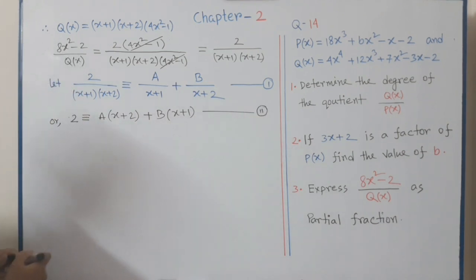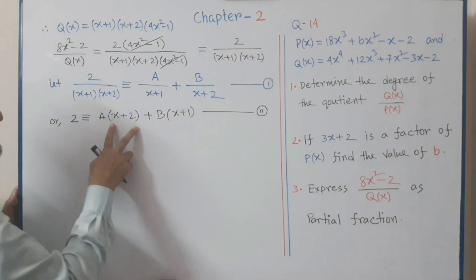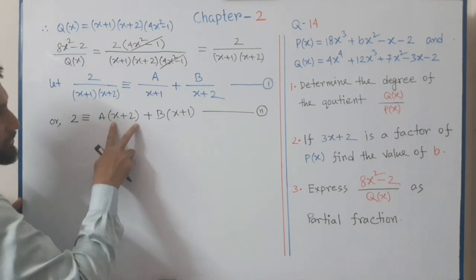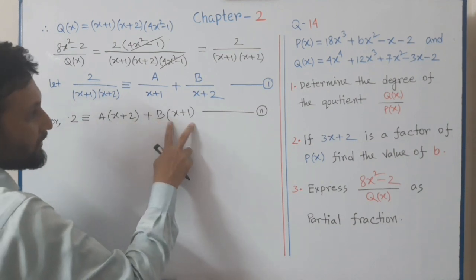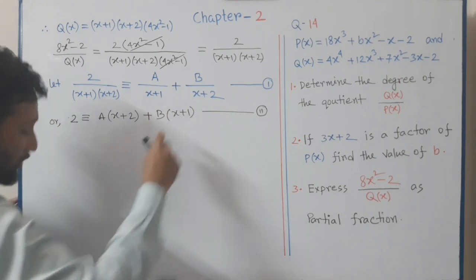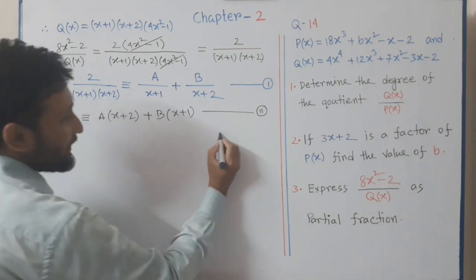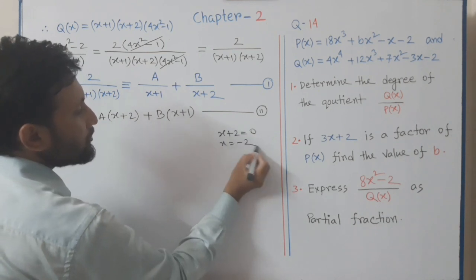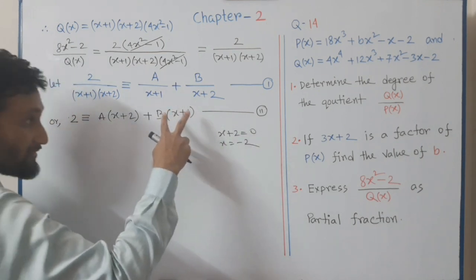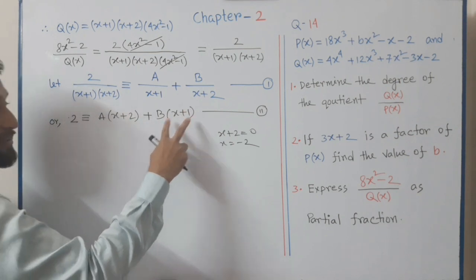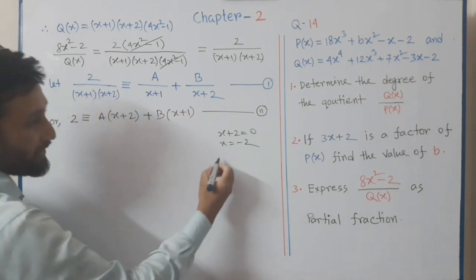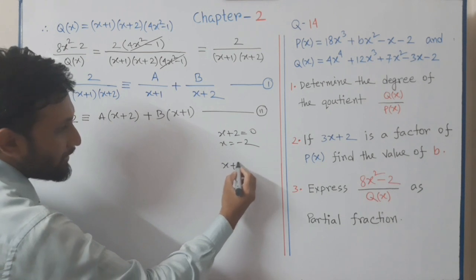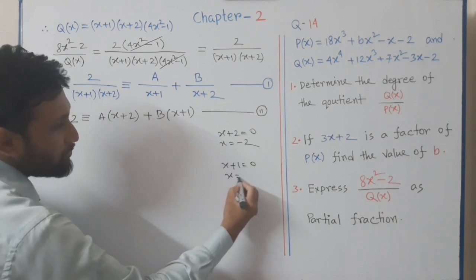Okay, now here see that a multiplies the factor x plus 2 and b multiplies the factor x plus 1. So here if we imagine x plus 2 equal to 0, then x equals minus 2. For the second factor, b multiplies x plus 1. Again if we imagine x plus 1 equal to 0, then x equals minus 1.